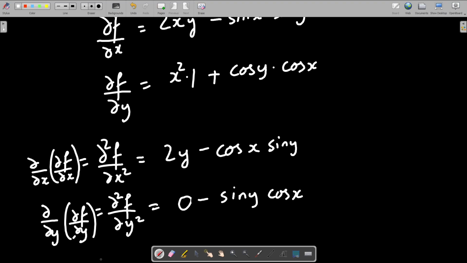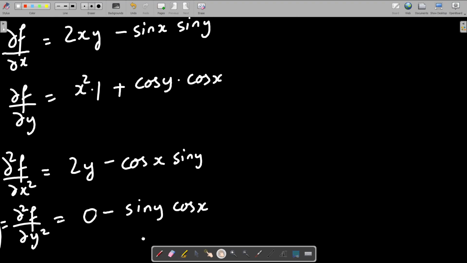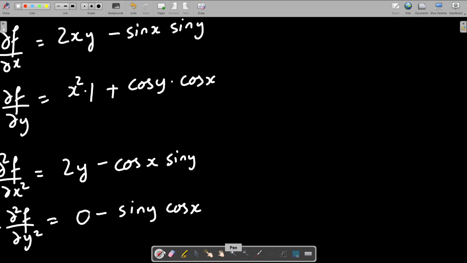Now we can also define these quantities like this. You can write on the line below, ∂/∂y of ∂f/∂x.